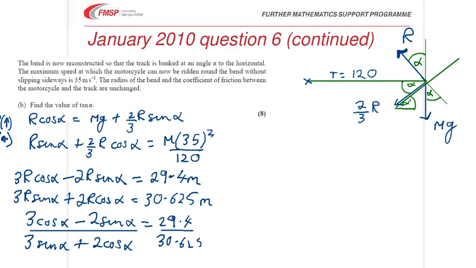Okay, two things have happened there. The R's have cancelled out and the m's have cancelled out. That's 625 there, if it's unclear.